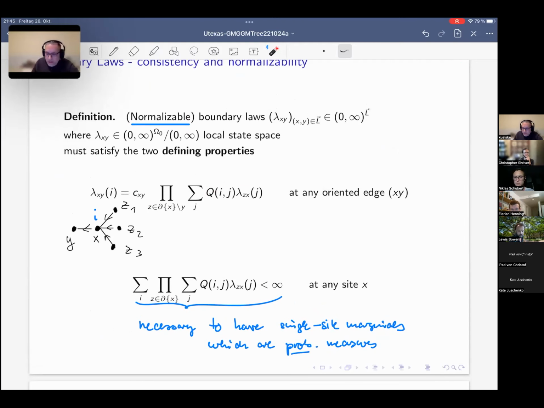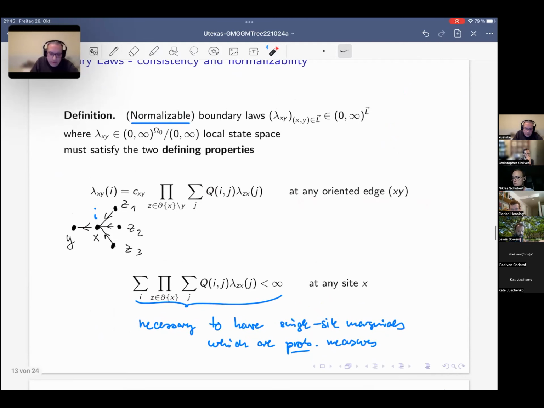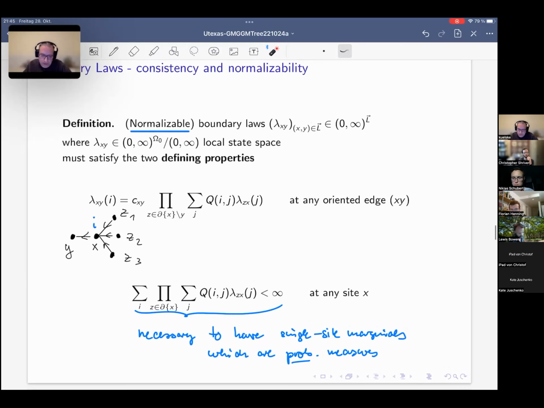This has to hold at any oriented edge, for instance, also in the opposite one. So we have to look at this for all the oriented edges on the tree. So this is in general a huge equation. And so it's interesting to see what solutions it has and what you can say. So that's an analytic play with these kind of things in given models, on given classes of models.